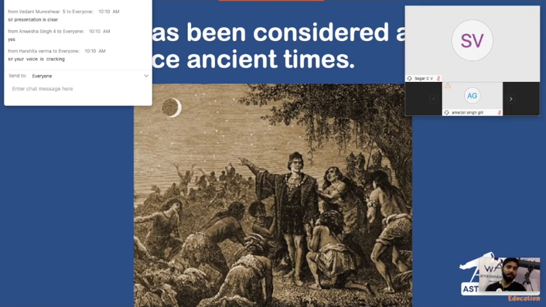But for some reason, eclipses have always been considered a bad omen across the world. I'm not just talking about India, but the entire world. There were obvious reasons for it, because from ancient times, the things which remained in the sky forever were the moon and the sun, right?